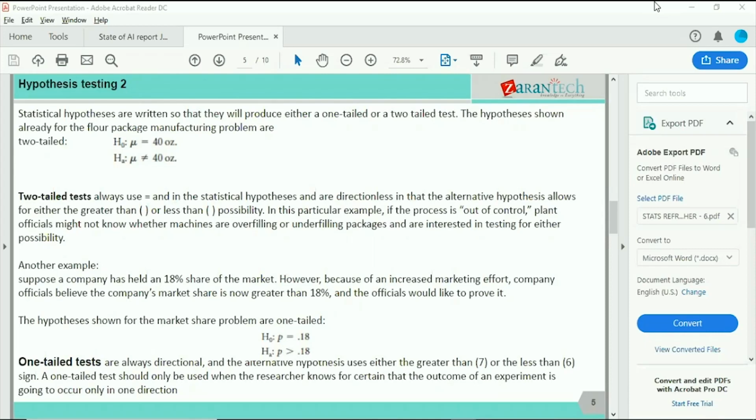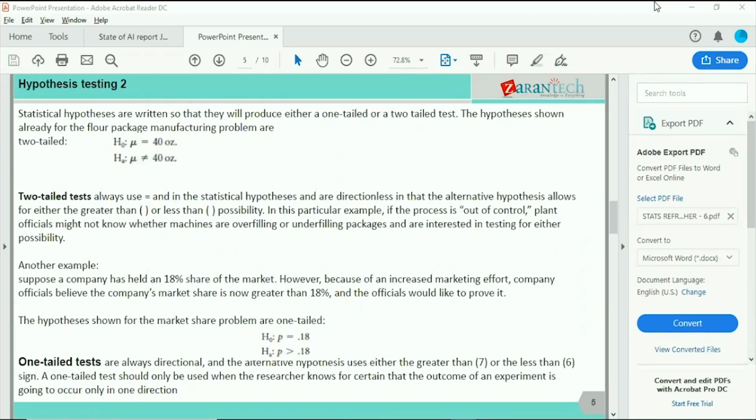While if he's saying less than, he is probably saying 3, 2, 1 or 0. Those cases are single tail tests because he knows the direction that he wants to go. Okay, I see. It will be either greater than or less than.